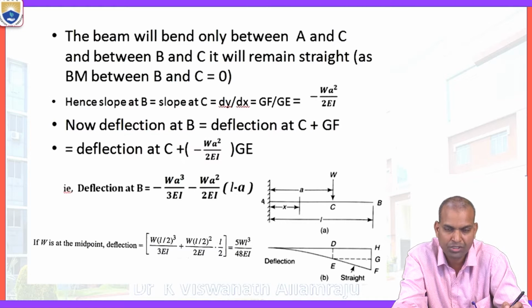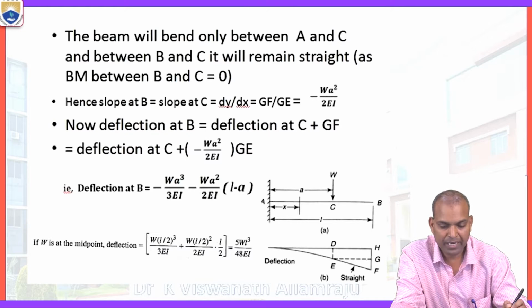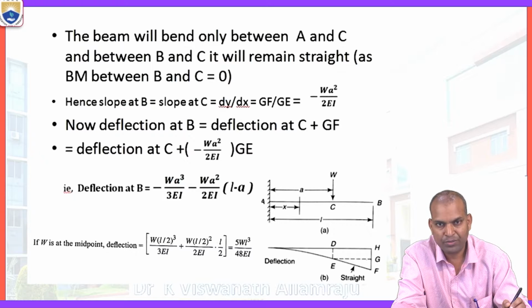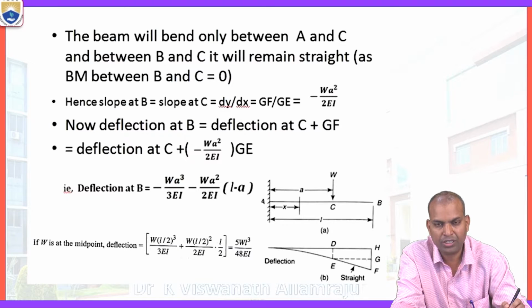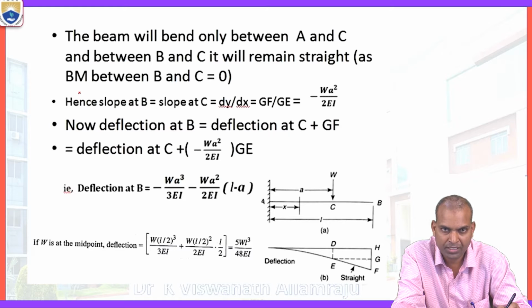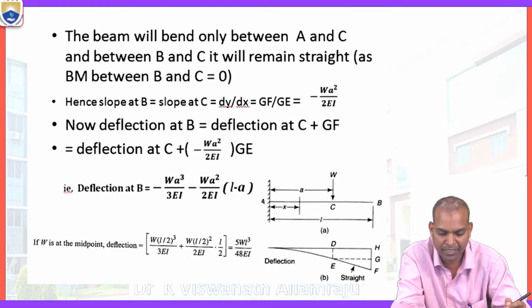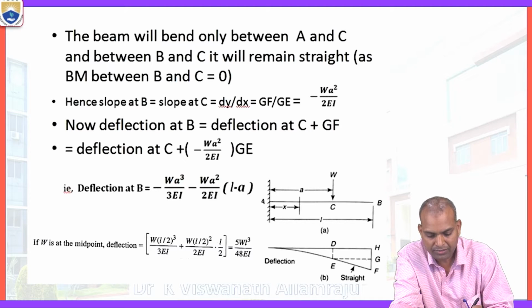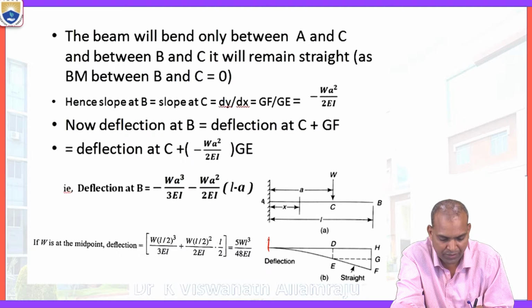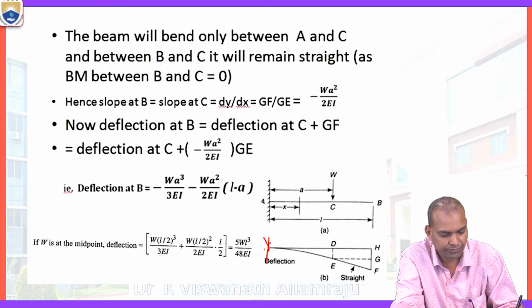The bending moment remains constant, which means it will be subjected to pure bending. The shear force is 0. So how do we calculate the deflection where there is pure bending, a constant bending moment? Here, if you consider this figure, this is the curve.